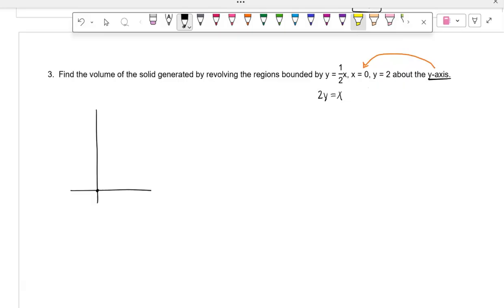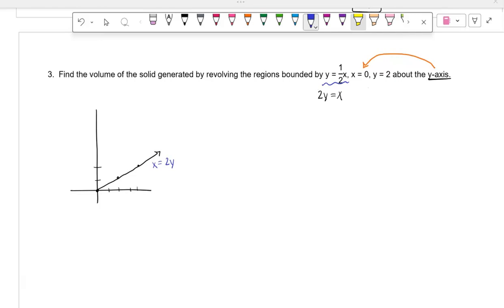All right, our y-intercept is 0. And then we go up 1, right 2, up 1, right 2 for our slope. So that right here is the line of y equals 1/2 x, or we can say in our case, x equals 2y.